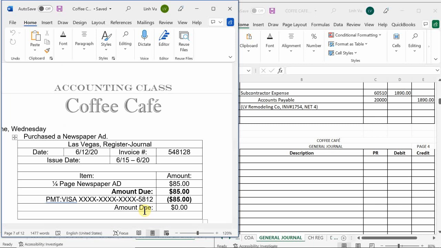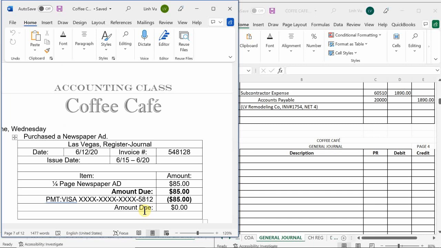What we did here was buy a quarter-page newspaper ad to run from the 15th all the way to the 20th of June. This newspaper ad is basically to advertise that you are a brand new coffee shop and you're having a sale. It's meant to market your store, saying we're a brand new store.